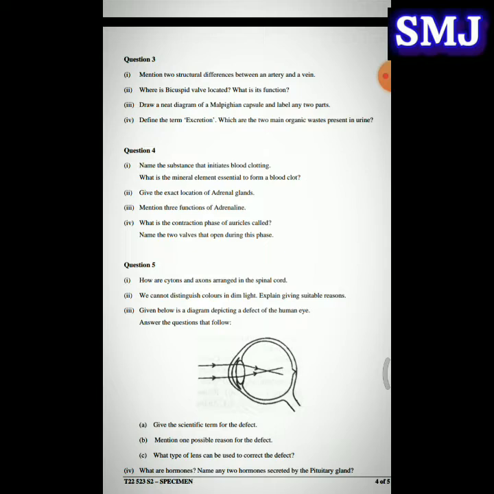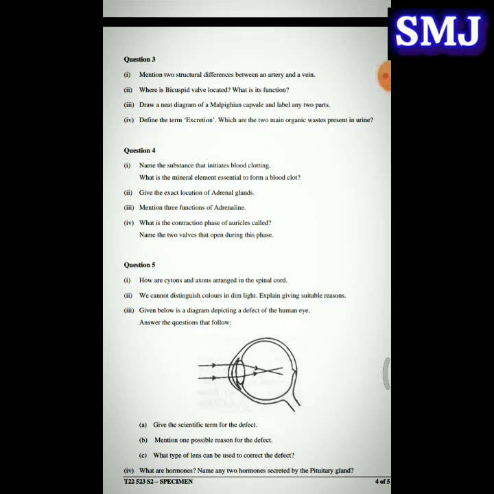Next question, define the term excretion. Which are the two main organic wastes present in urine? So the definition of excretion is, it is the process of removal of chemical waste from the body.